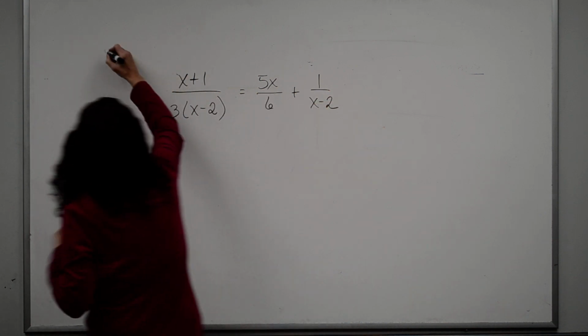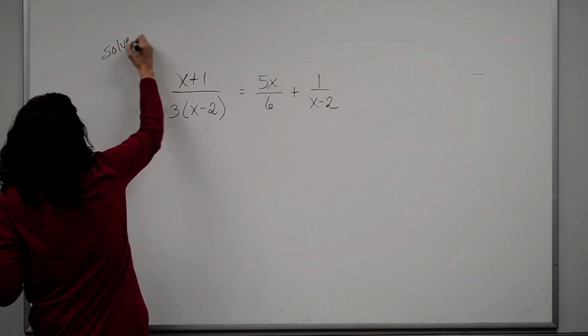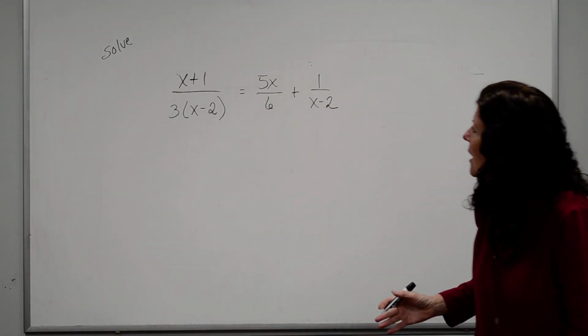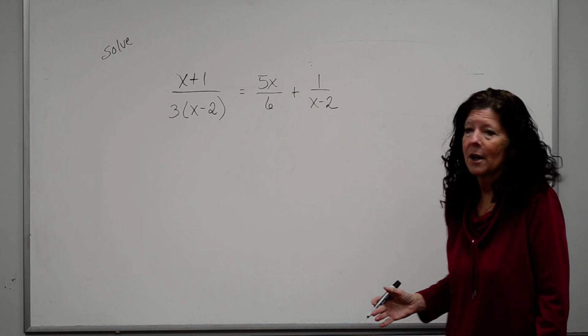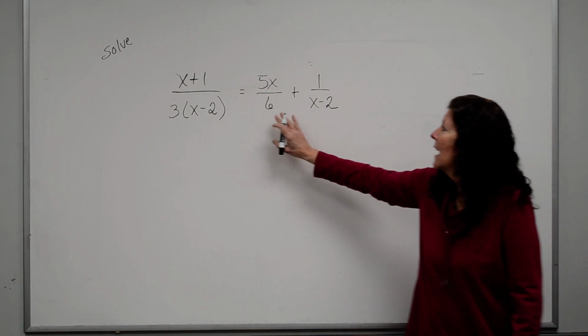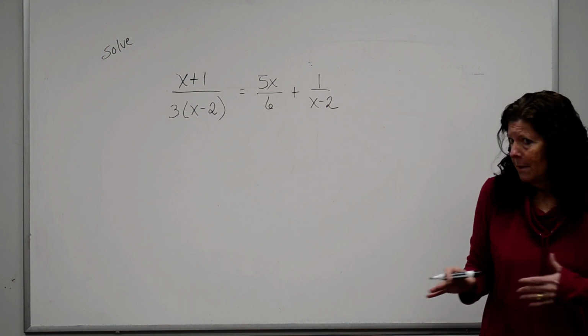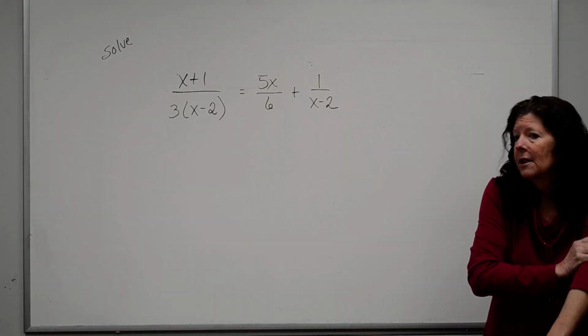Okay, these are going to say solve, which means I want the x by itself. I want to know what the x is equal to. Well, I've got some problems going on here because I've got a fraction over here that doesn't have a common denominator.